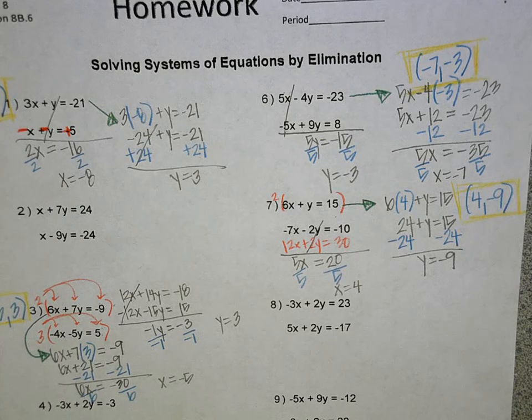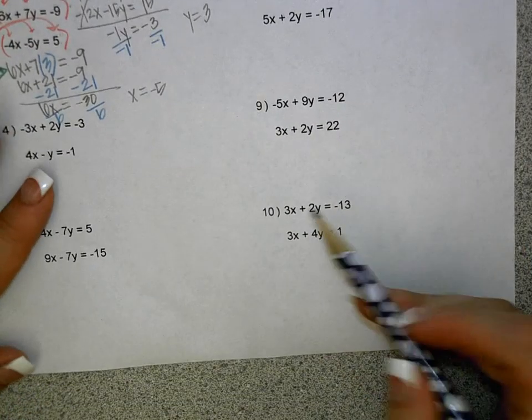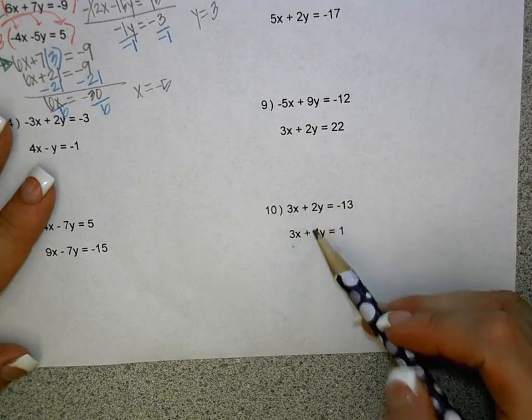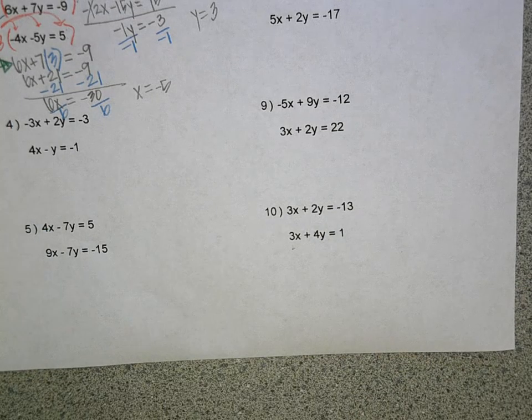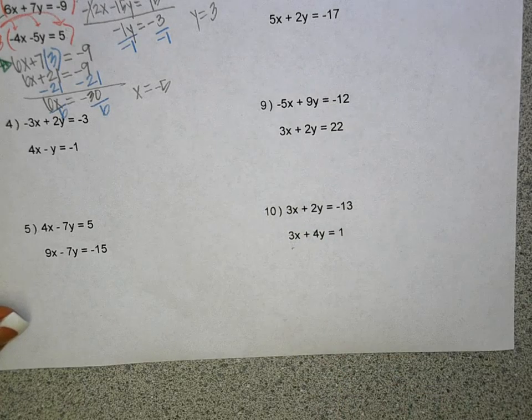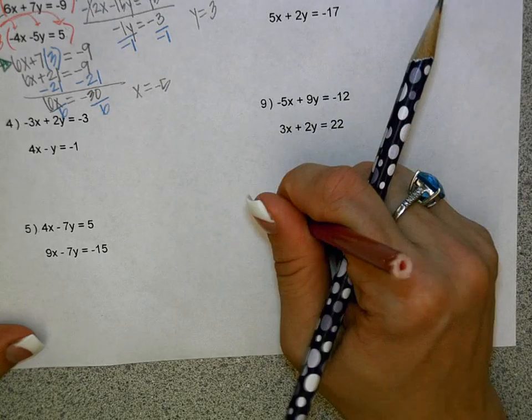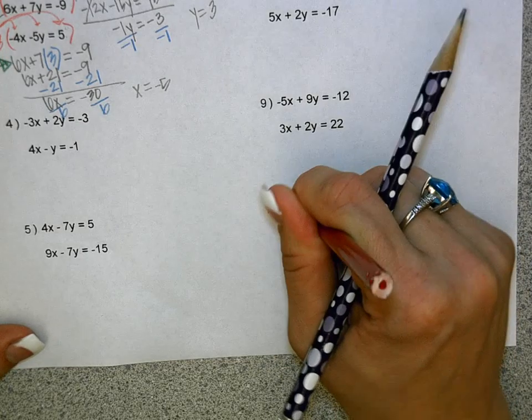Which others? 10. Number 2. 10. Okay, we can try 10. If you look at number 10, you have 3 and 3, 2 and 4. So if we want to eliminate something, do you want to eliminate the x's or the y's? X's. Okay, x's, if you have both positive 3's here, all you need is for one of them to be a negative. So you can multiply everything through by negative.